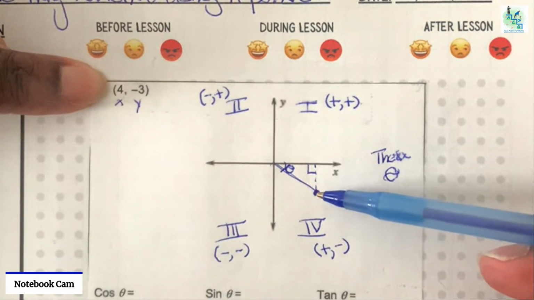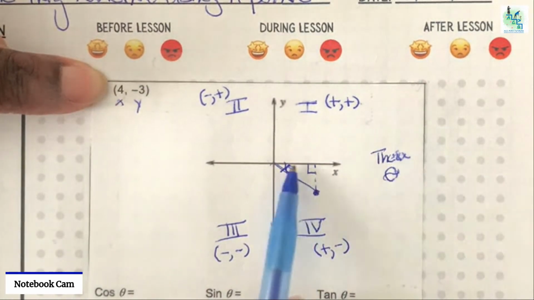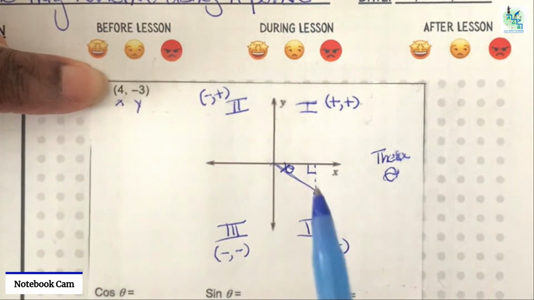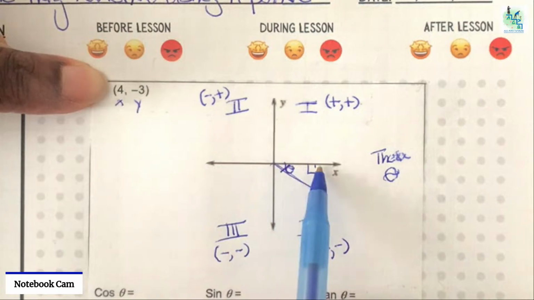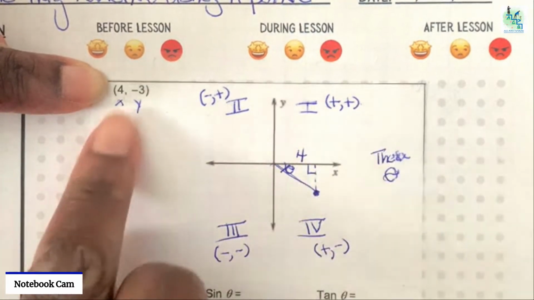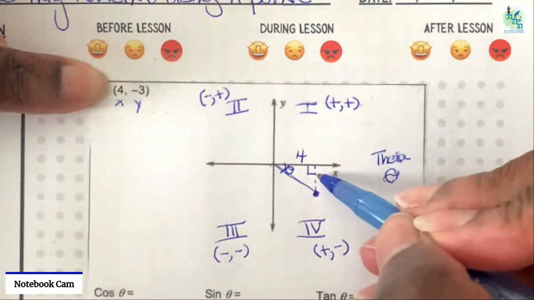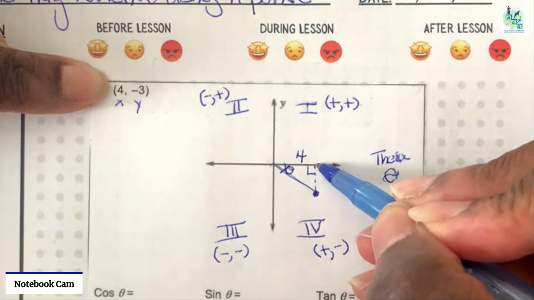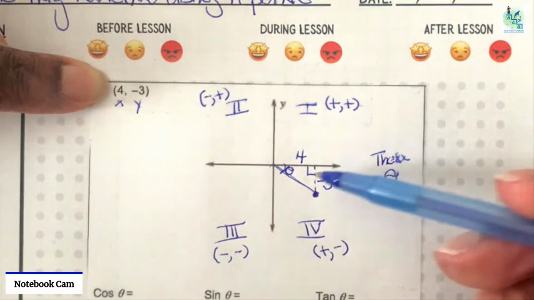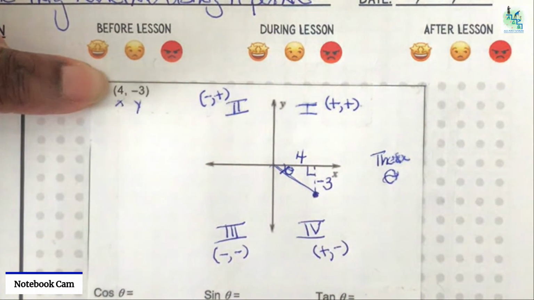This is not only giving us the point, but it's also giving us the lengths of our 2 legs. So from the origin to this section is going to be a positive 4, because that's where my x is. And my y, from this section to here, will be -3, because I went down 3.